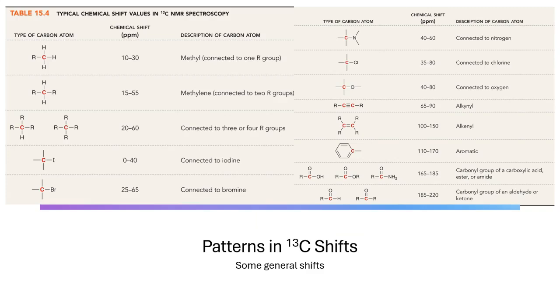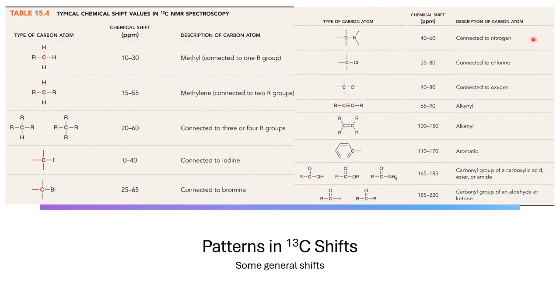Patterns in carbon-13 shifts. Here are some general shifting patterns. Note the chemical shift will increase if we have more deshielding present. Methyl carbons and methylene carbons connected to 3 or 4 R groups are under 100 ppm, under 60 ppm even. Connected to iodine, connected to bromine, still under 100 ppm.